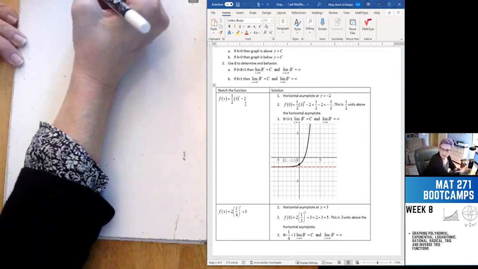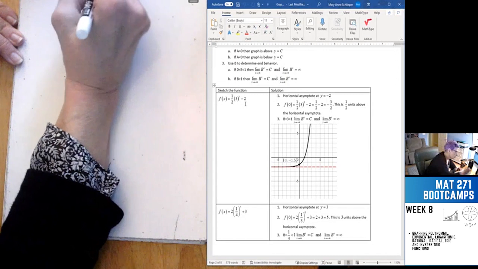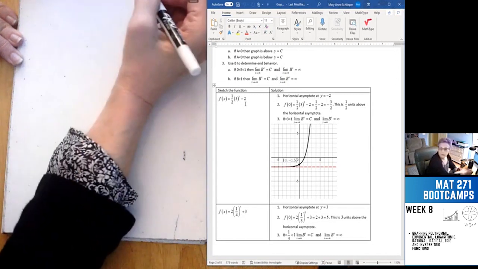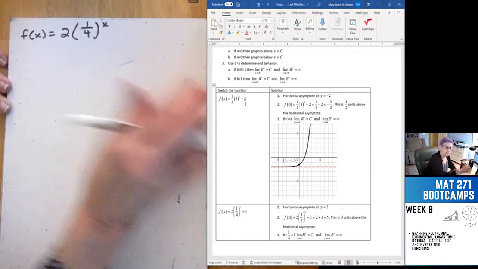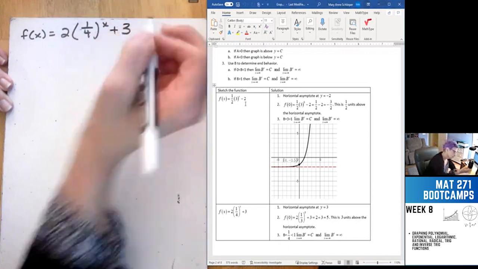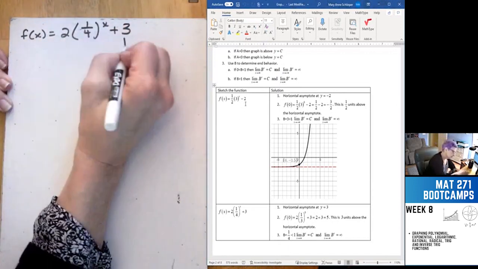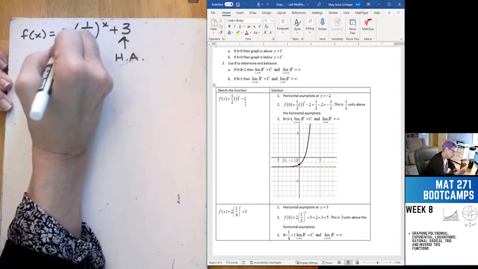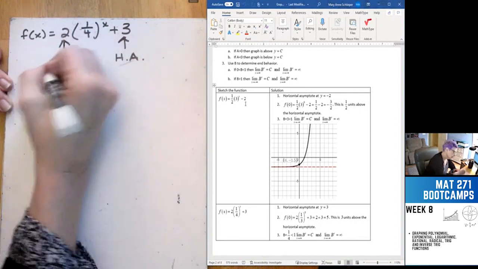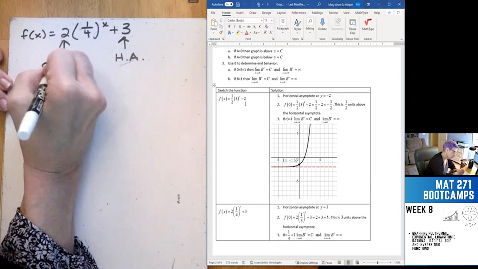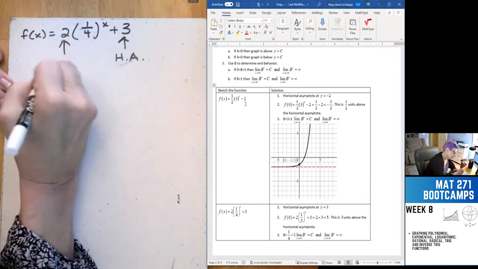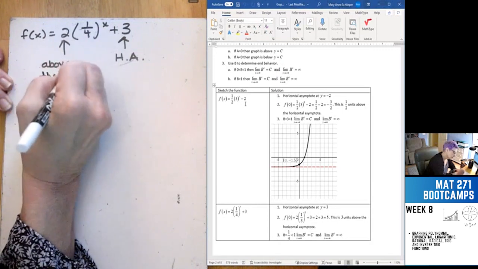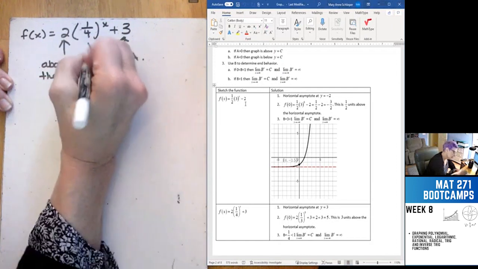F of x is 2 times 4th to the x plus 3. So here's my horizontal asymptote. Positive, so my graph lives above the horizontal asymptote.